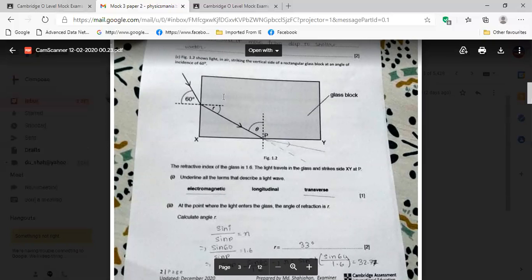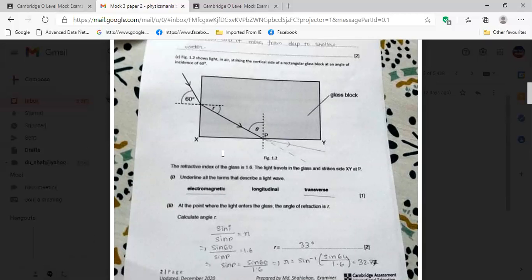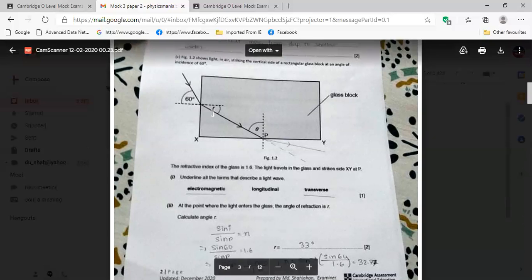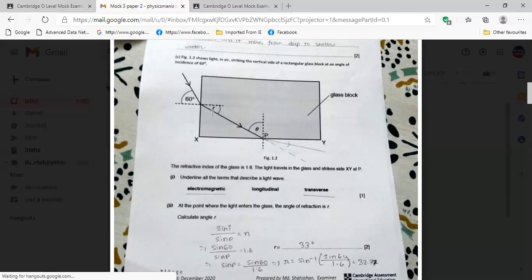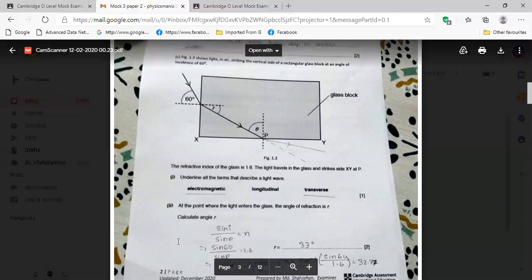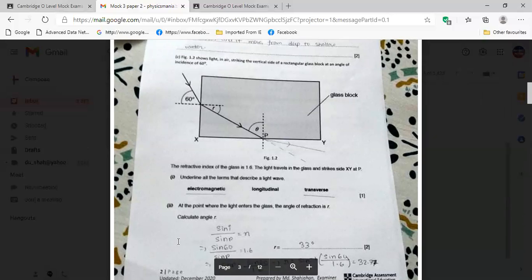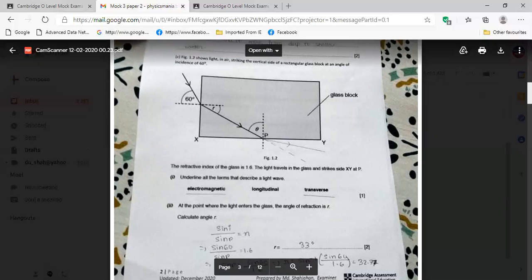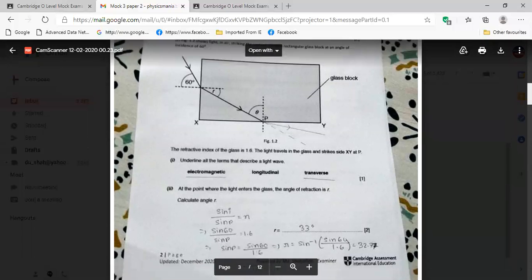Okay, so here, what is the angle R? Have you got the angle? 33. If you get 33 here, what should be the angle theta here? It will also be 33? No. 90 minus 33.